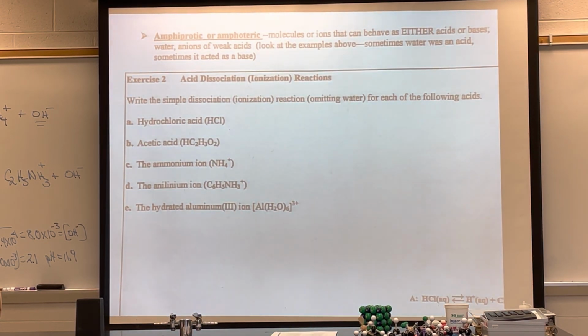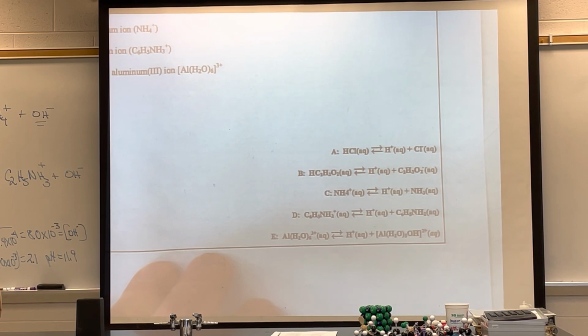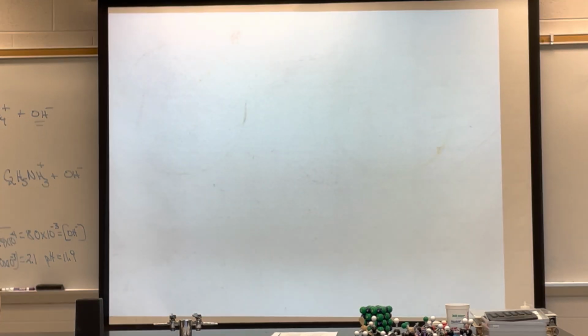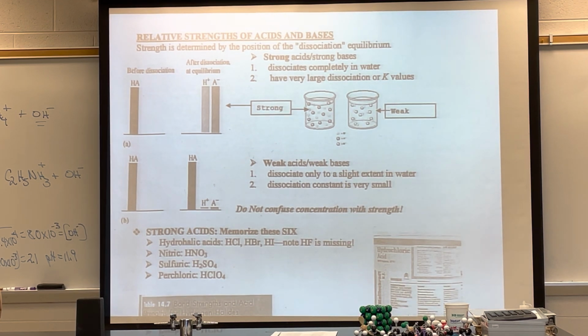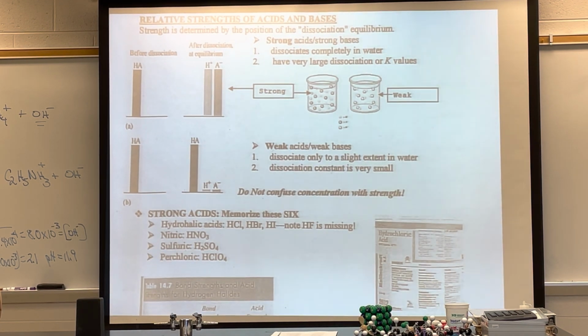Now, all the answers to those are down there, so you can look those up. Then we talked about the relative strengths of acids and bases. Strong acids, what do we know about ionization with a strong acid? 100%, that's what that's showing. HA on the left, before and after, it's all H plus and A minus.